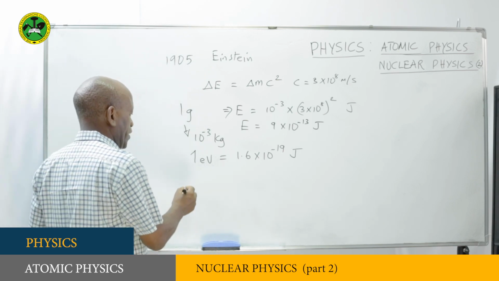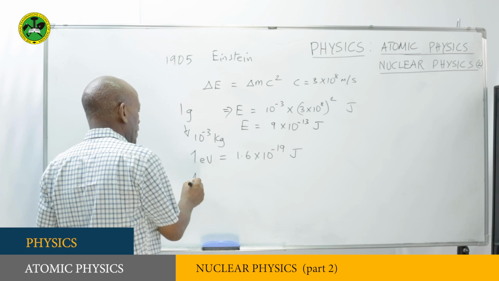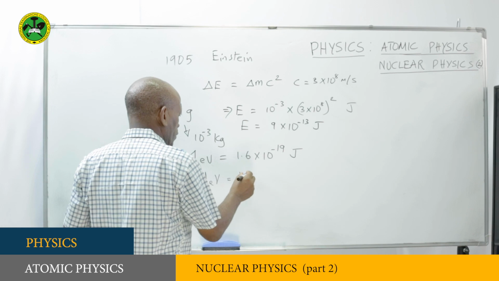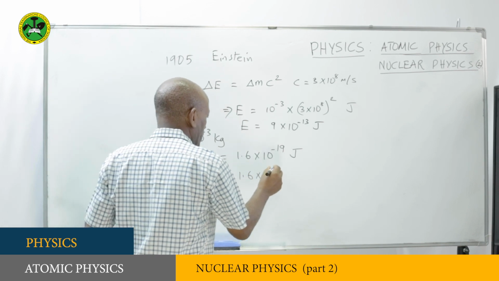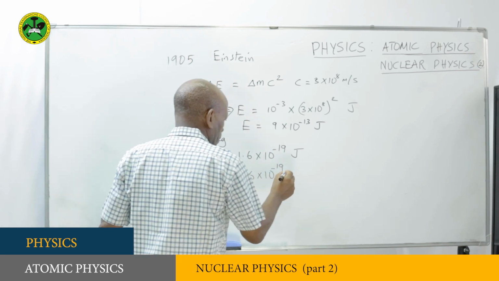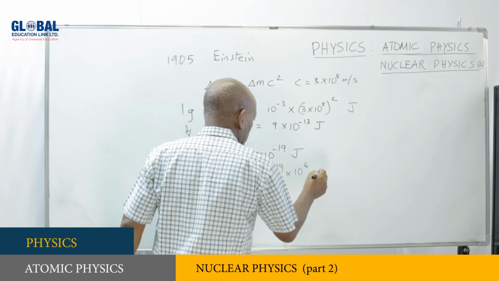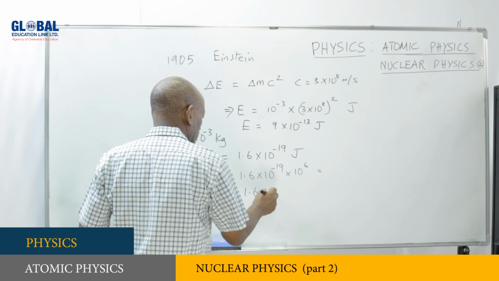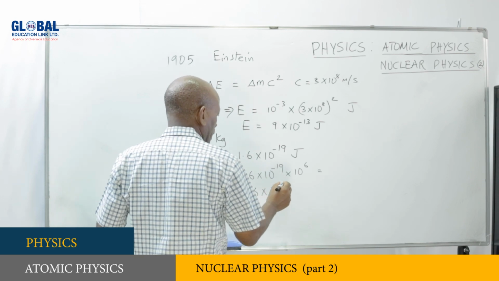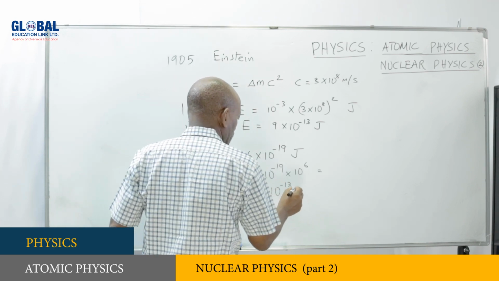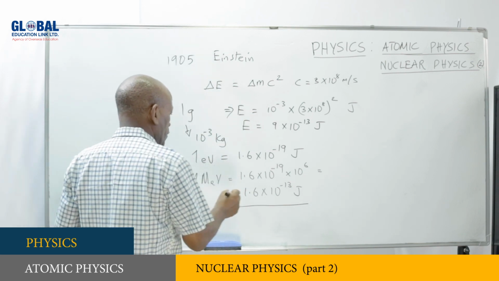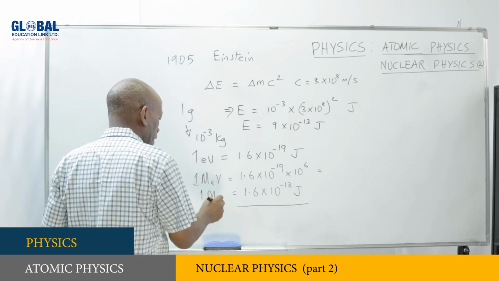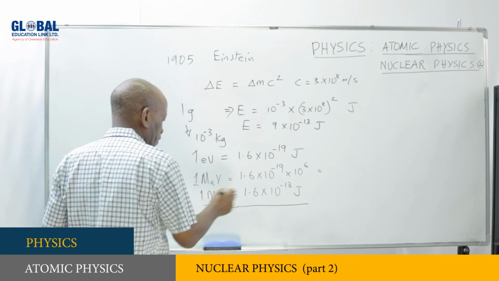And if I need to get 1 mega electron volt, then this is equal to 1.6 times 10 power minus 19, multiplied by 10 power 6. So we get 1.6 times 10 power minus 13 joules. So 1 mega electron volt is equal to this much.